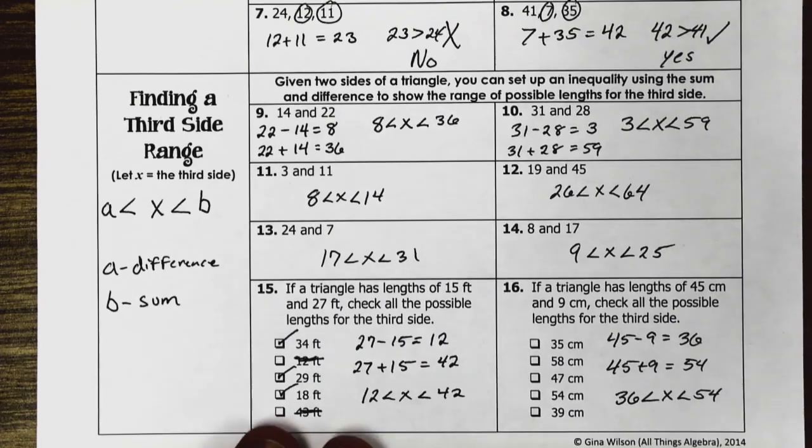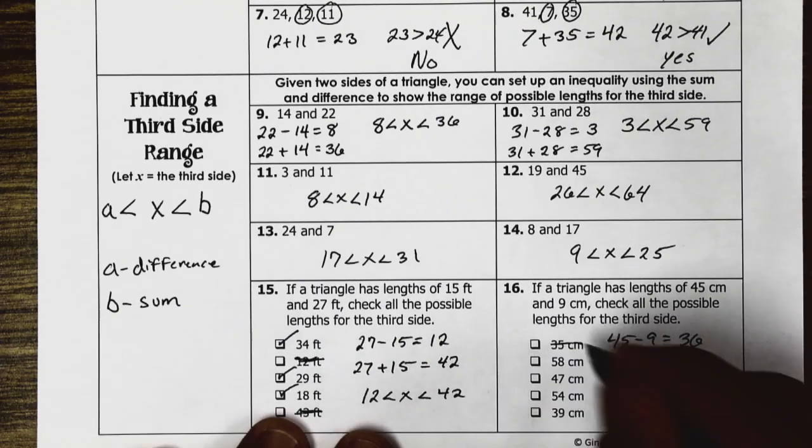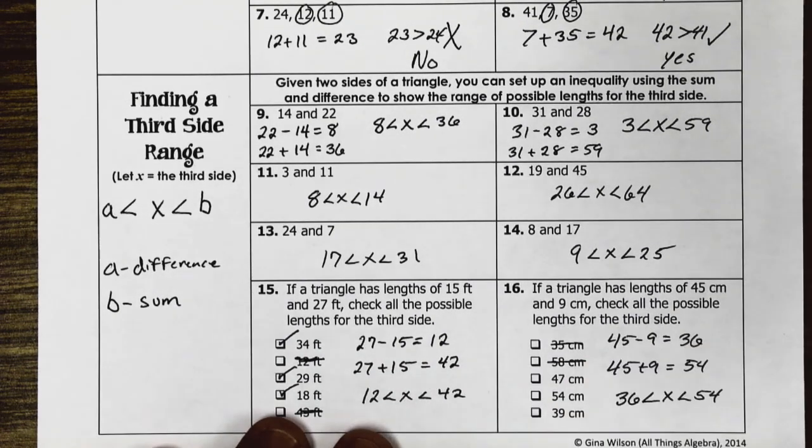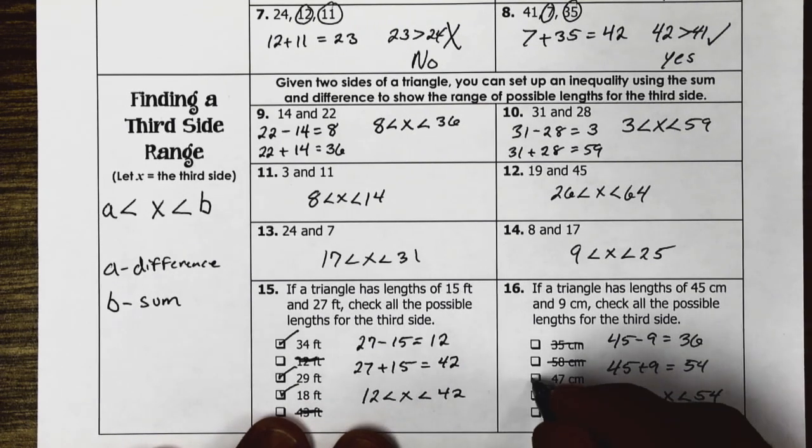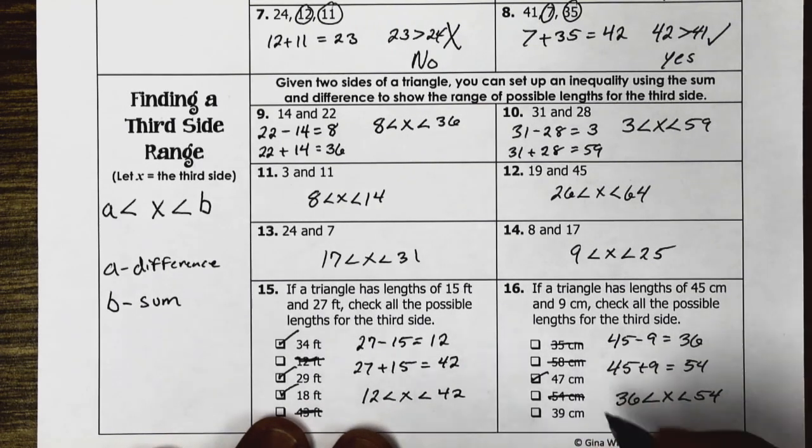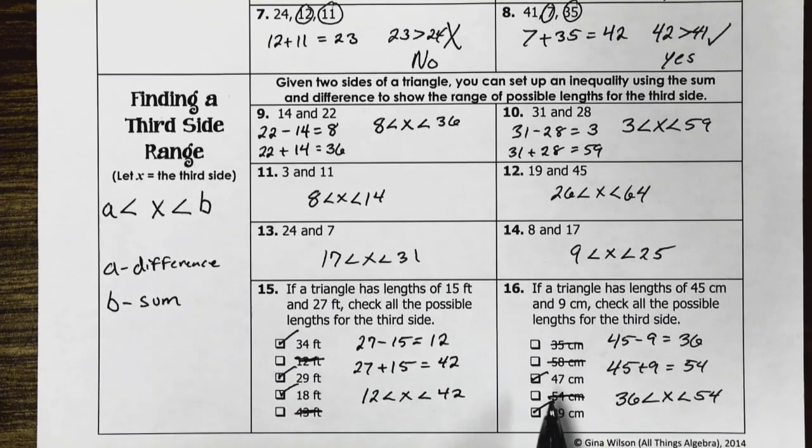So we're just going to check all the boxes in between. 35 is a no. 48 is a yes. 47 is a yes. 54 is a no, and then 39 is a yes. Right here. Very simple. Simple subtracting to find the minimum, and simple adding to find the maximum. So everything in between.